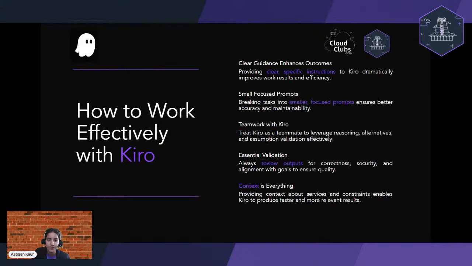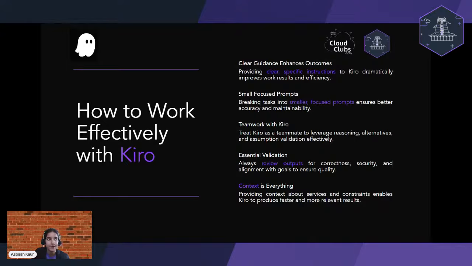Now, here are a few simple practices for getting the best results from Kiro. So, firstly, clear guidance matters a lot. So, the more specific your instructions are, the better the output. Second, we can use small focused prompts instead of asking everything at once.